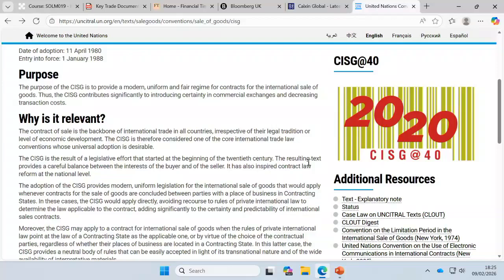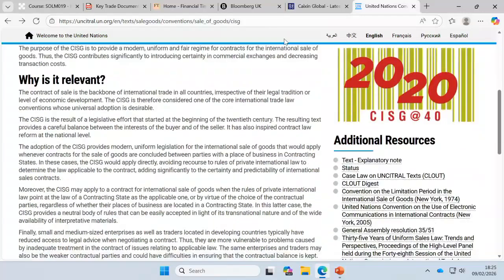Remember our framework, this idea of enhancing predictability and reducing transaction costs. You can see in the context of the CISG a direct focus. Contract of sale is the backbone of international trade in all countries, irrespective of their legal tradition or level of economic development. CISG is therefore considered one of the core international trade law conventions whose universal adoption is desirable.